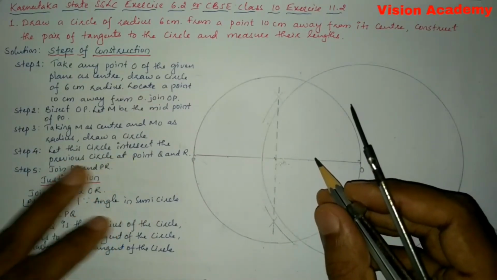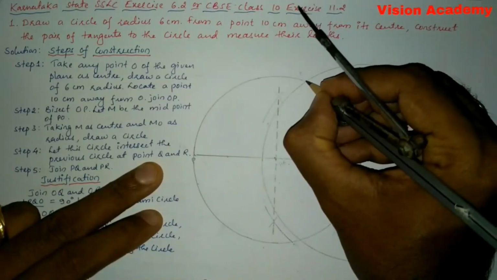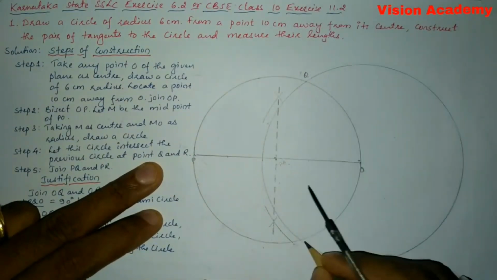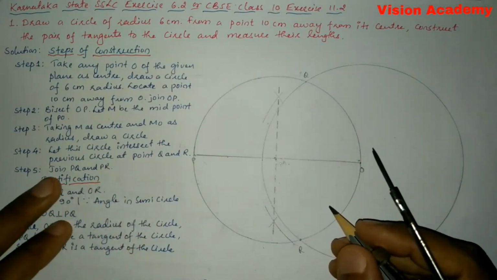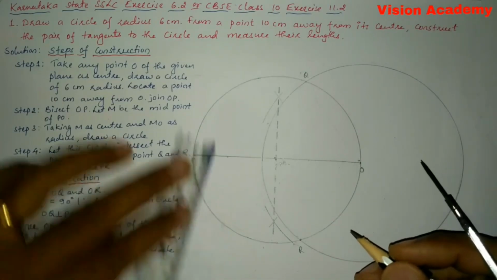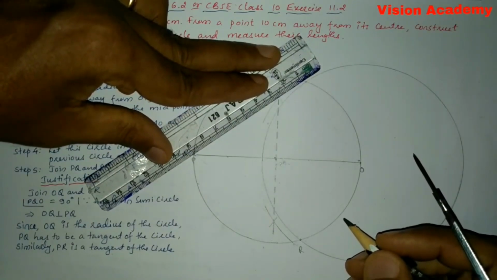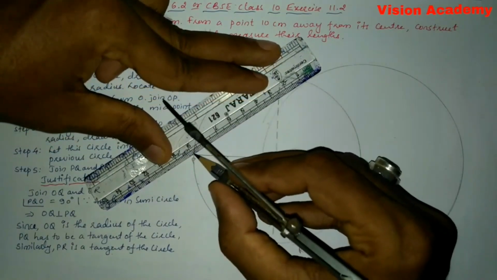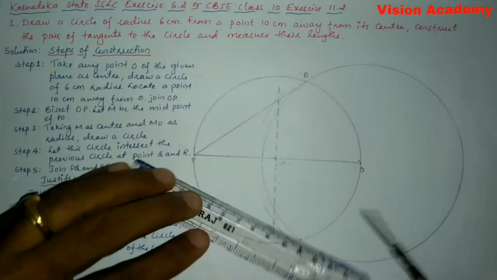Let this circle intersect the previous circle at points Q and R. So let us say this point as Q and this point as R. Now join PQ and PR. So let us join this point PQ and PR.